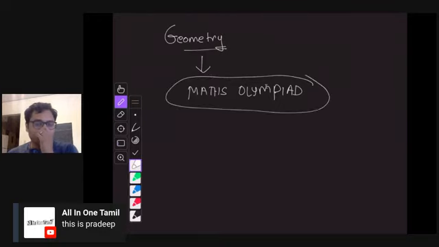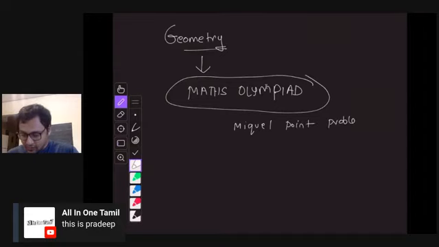And one of the things that we will be talking about is known as the Miquel point problem. It's a very beautiful problem from geometry, the Miquel point problem.